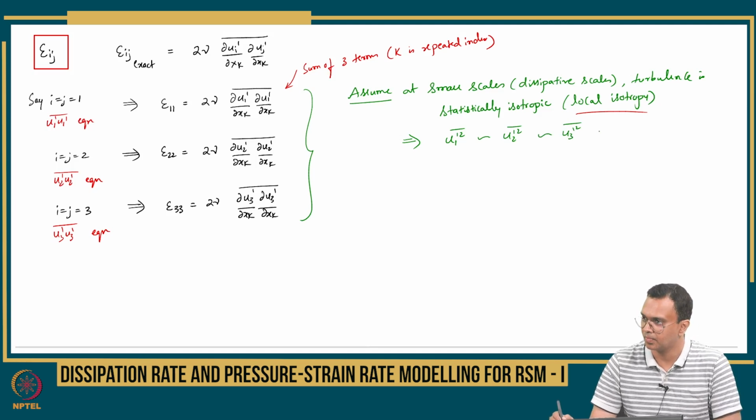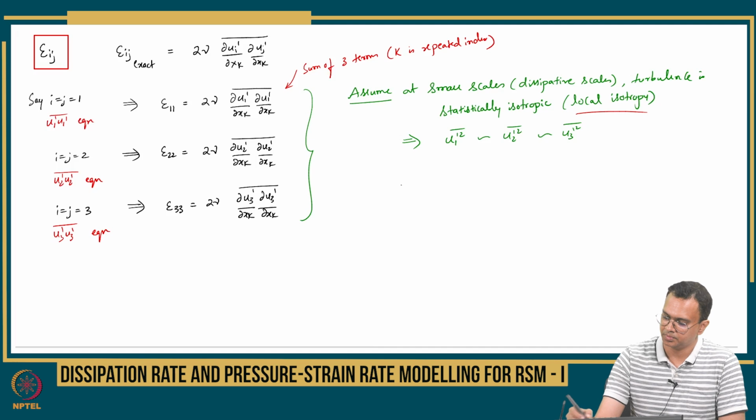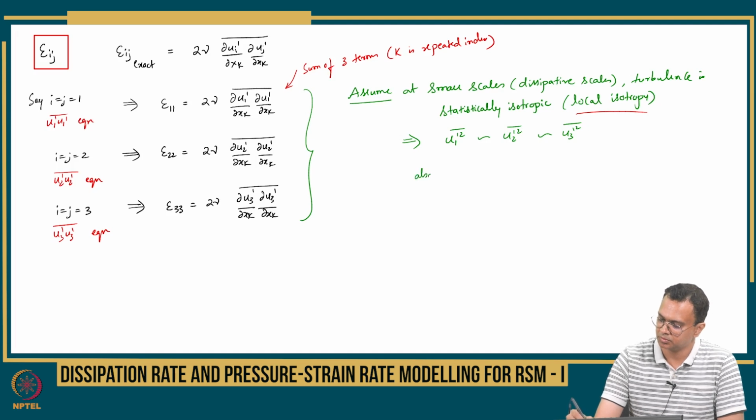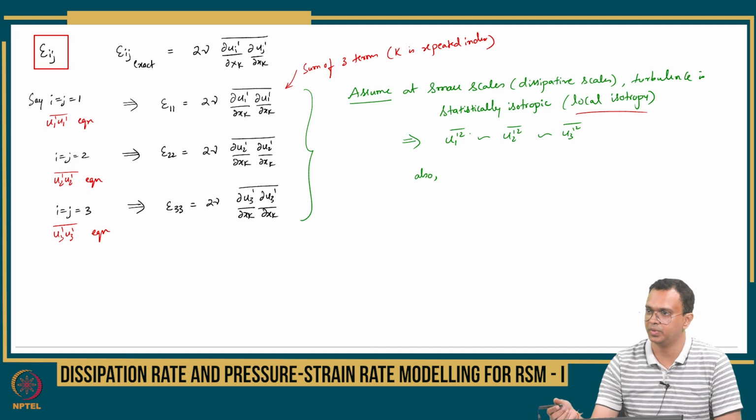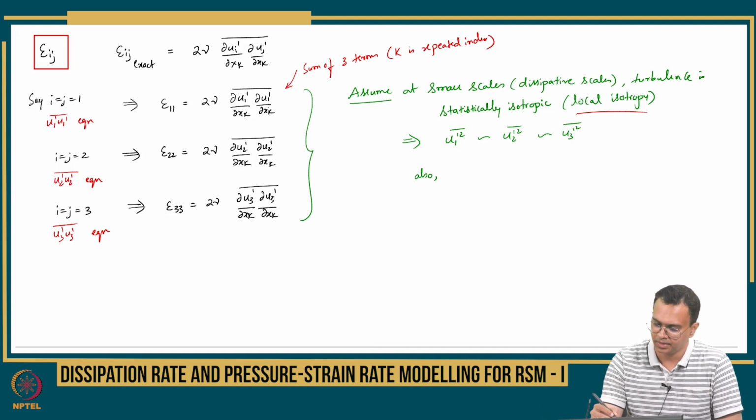Therefore this correlation term also follows, since local isotropy holds for all the statistical quantities, and here I have a statistical quantity where I look at the correlation of gradients of fluctuations, dou u1 prime by dou xk and so on.